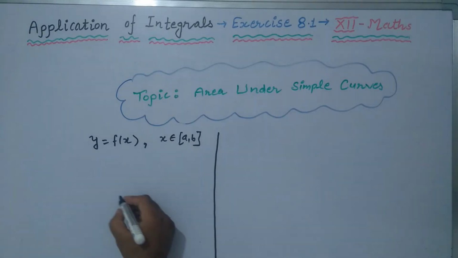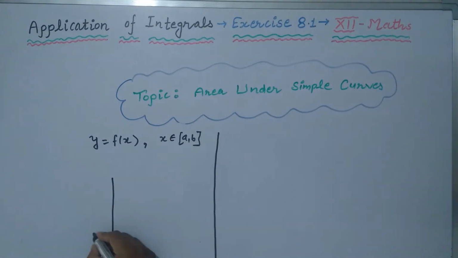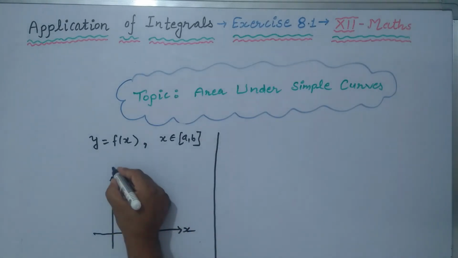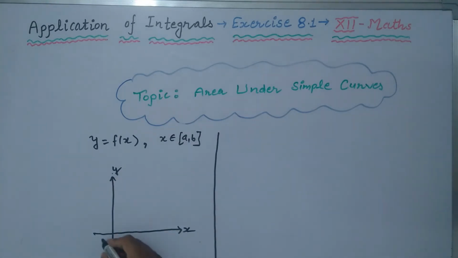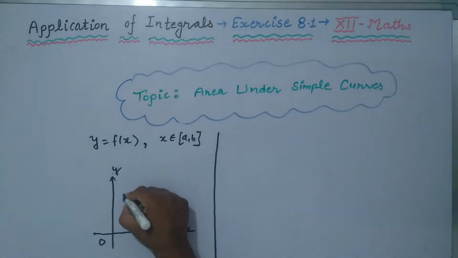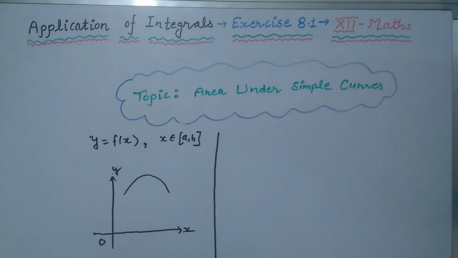So here, suppose we have the Cartesian plane, x-axis, y-axis. This is the origin. Here is the curve, and from the initial point of the curve we draw a perpendicular on the x-axis. Suppose the foot of this perpendicular is at a distance a from the origin.